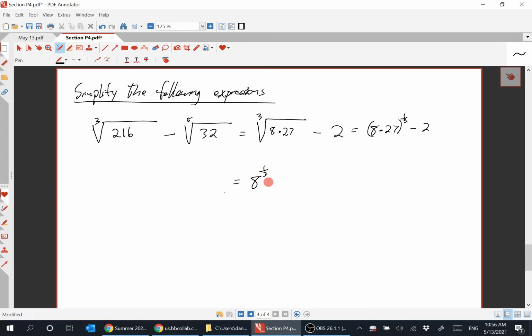So that's 8 to the 1/3 times 27 to the 1/3 minus 2. Well, 8 to the 1/3, that's the third root of 8. That's, again, 2. 27 to the 1/3, well, 27 is 3 to the 3rd. So the third root of 27 is 3, minus 2. So that's 6 minus 2 is 4.